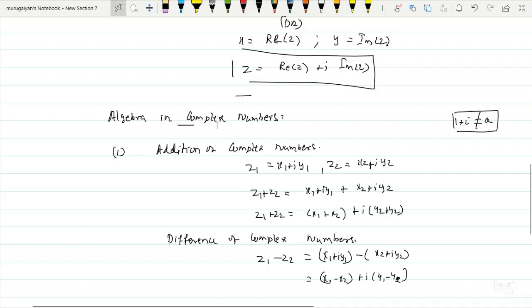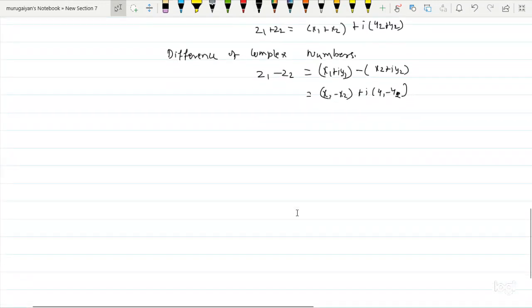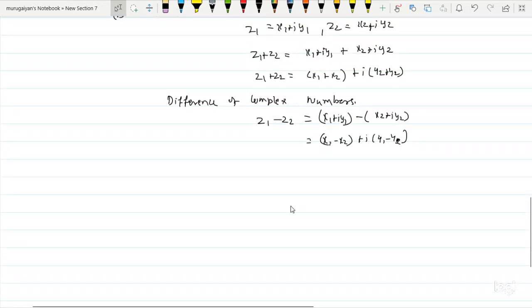So in the same way, another one: product or multiplication of two complex numbers.